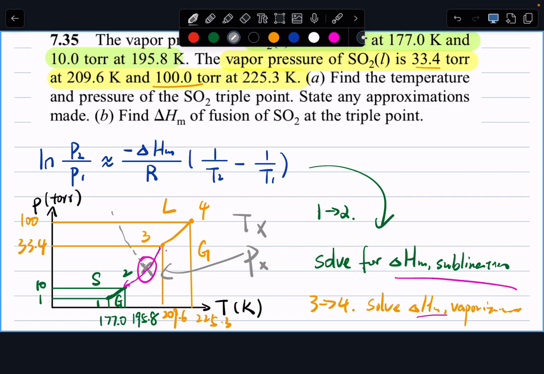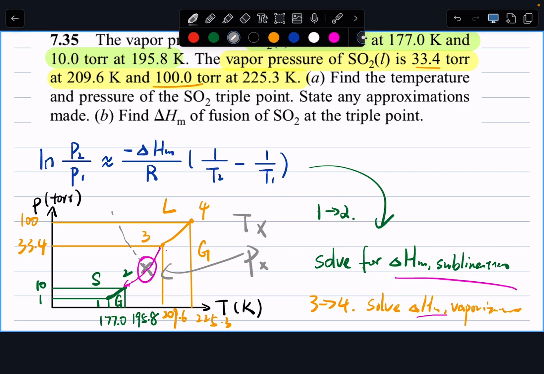It'll give you the same answer. This one is Px roughly equals to the negative 27400 over 8.314 times 1 over 225.3 minus 1 over Px. All right, so these two are the equations we set up.